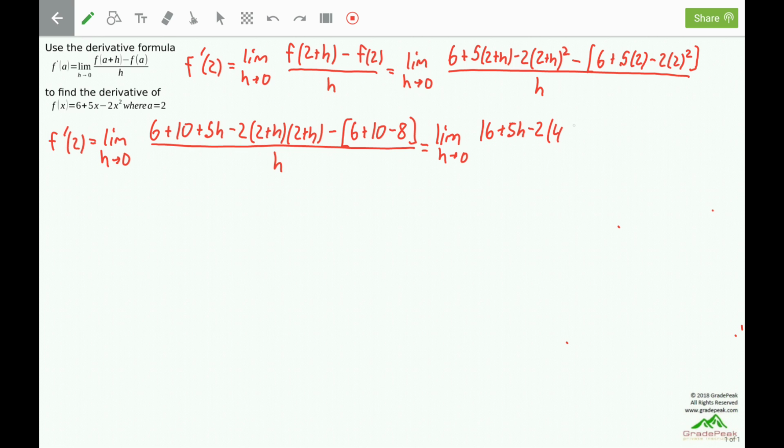First will be 4. Outside will be a 2h. Inside will be another 2h, and last will be an h squared. And then minus 6 plus 10 is 16, minus 8 is 8. All this is divided by h.